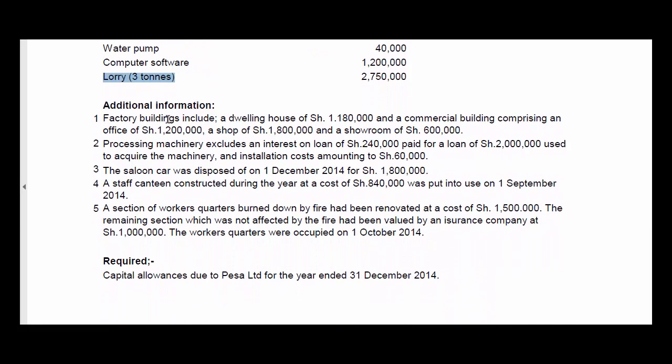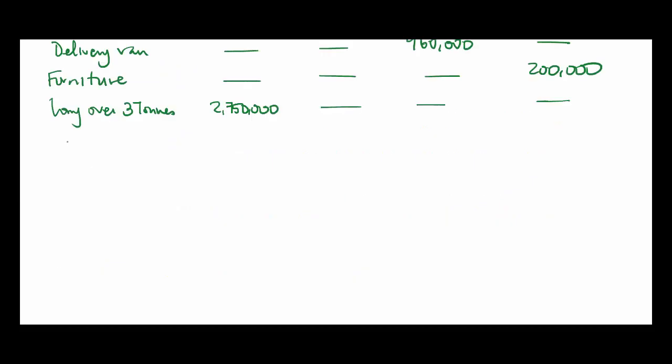So note 1, factory buildings, you've already considered that. Machinery, you've considered that. Saloon car was disposed, so that affects us. So disposal. For the saloon car, we have to use the 2 million over the cost that was restricted.